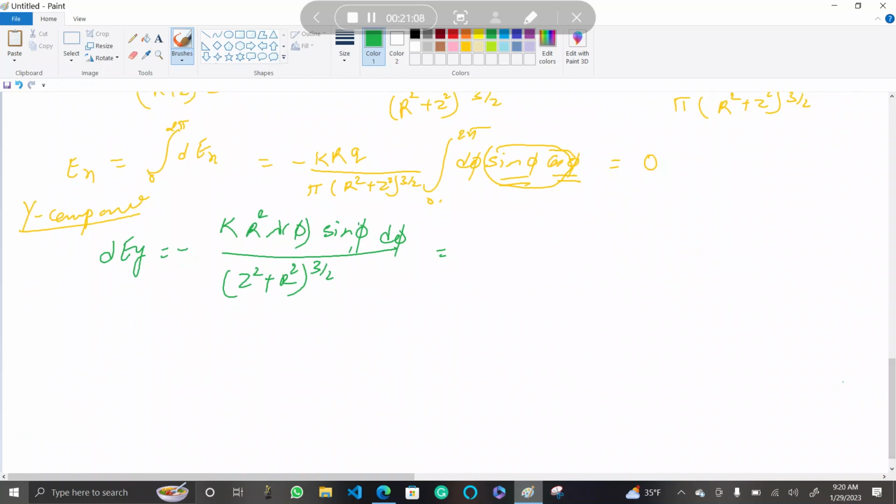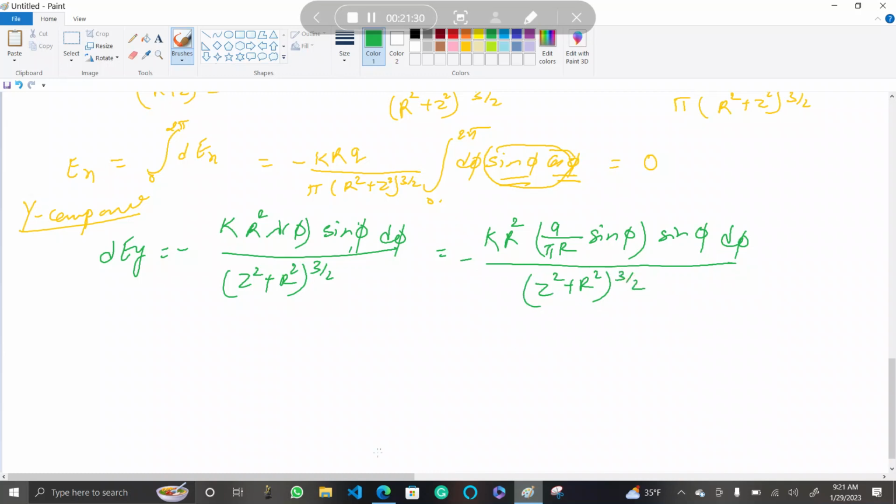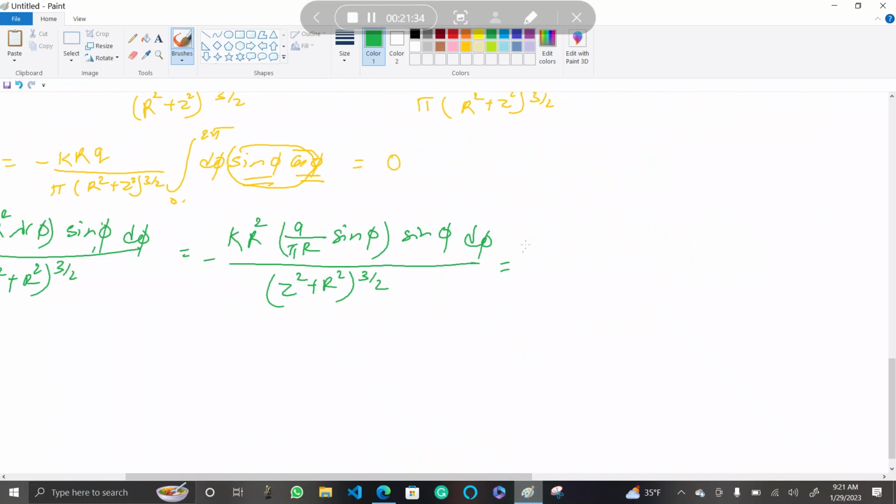Now I am going to replace the charge element, so it becomes k r square q by pi r sin phi into d phi over z square plus r square to the power 3 by 2.